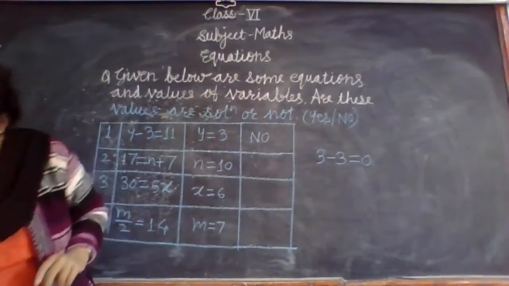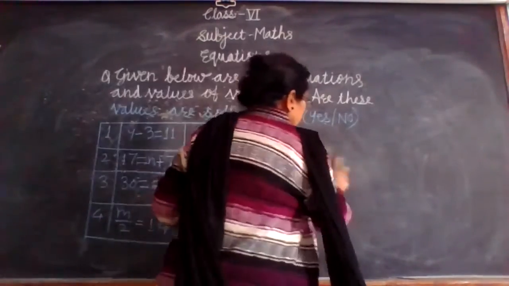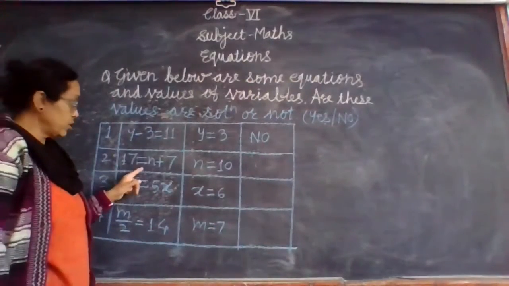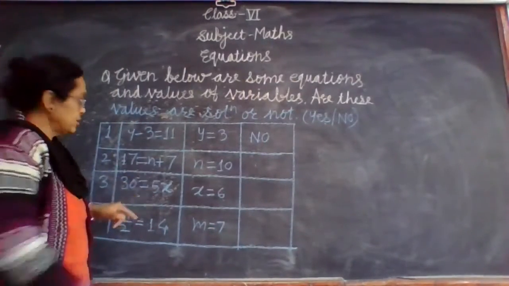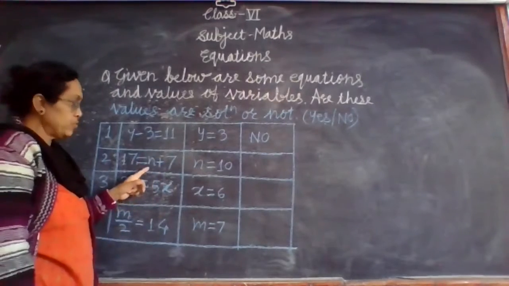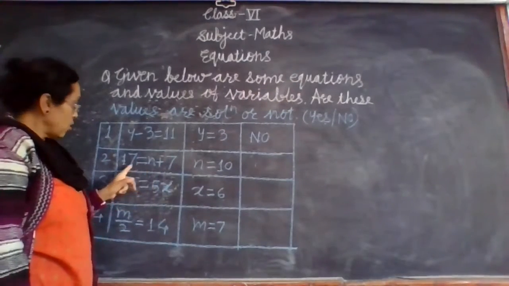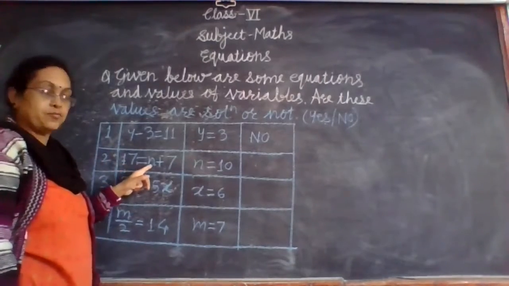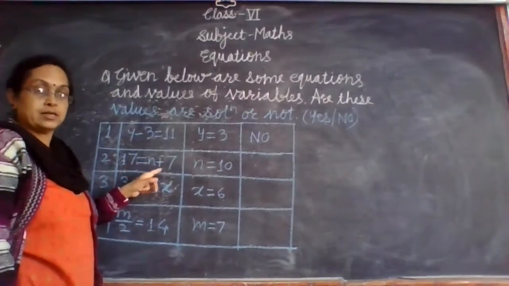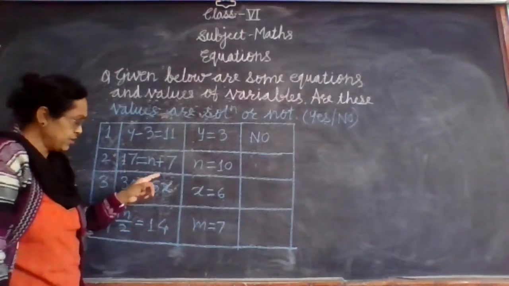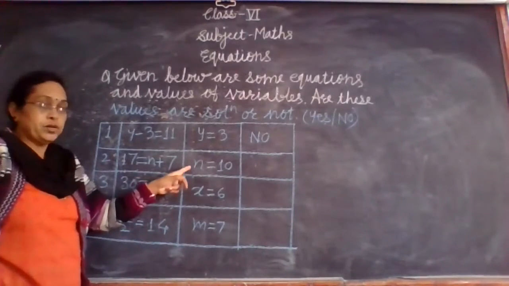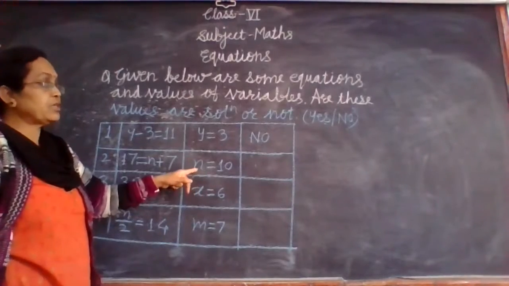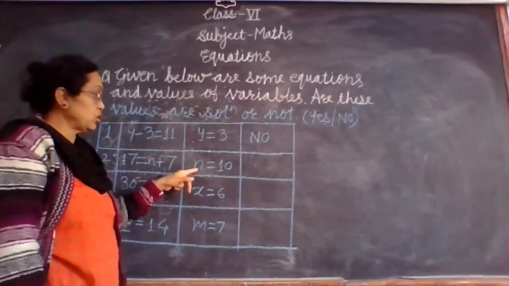Okay, now the next equation, the second one, is 17 equal to n plus 7. Here n is the variable. On the left side of this equation 17 is there, and on the right side 7 is added to the variable, that is n plus 7. Now we have to check whether n equal to 10 is a solution or not.